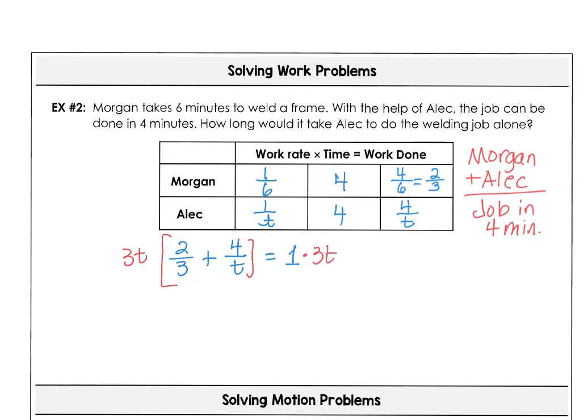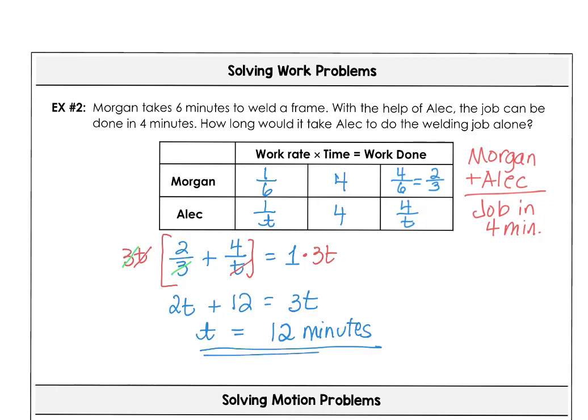Multiplying the left and the right by 3t, 3t divided by 3 leaves us 2t, and t goes into 3t 3 times. 3 times 4 is 12. So 2t plus 12 is 3t, and t is 12. So Alec can do the job by himself in 12 minutes.